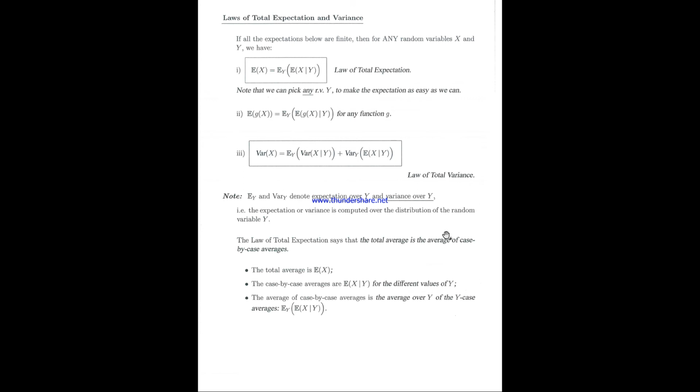So what you have to remember is the total average is the average of case by case averages.